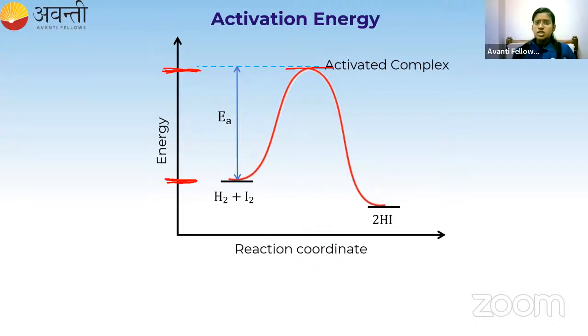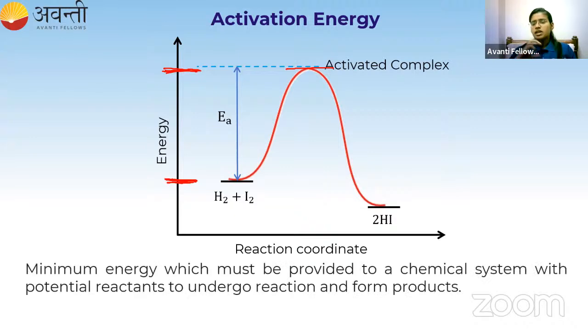Srujana, there is one small mistake in your definition. You said molecules to be converted to product, not to product. The energy required to form the activated complex, to get activated, is called the activation energy. So it should be redefined in this way.